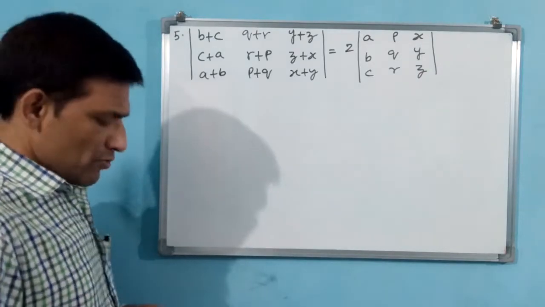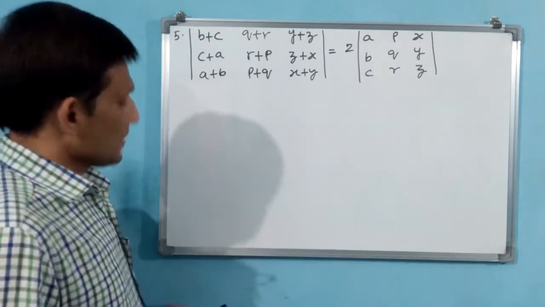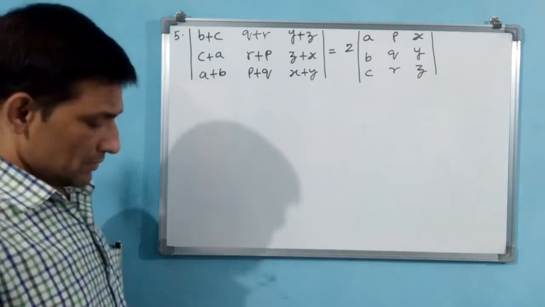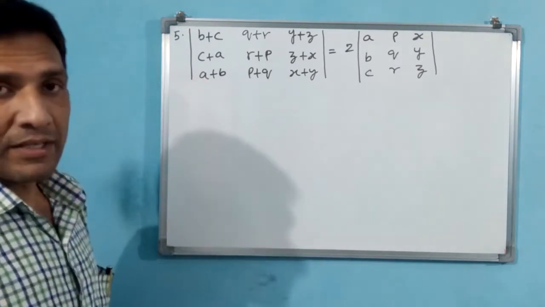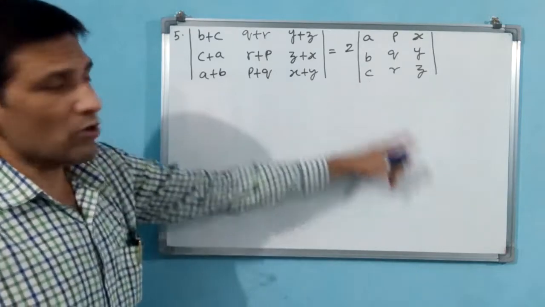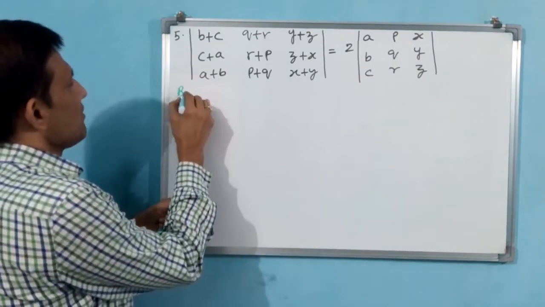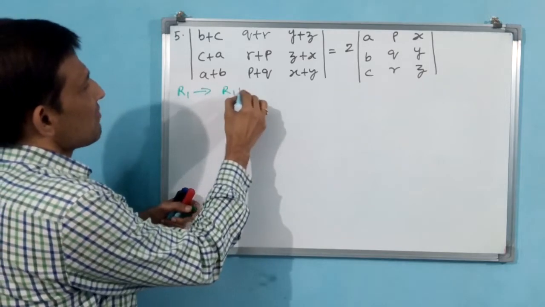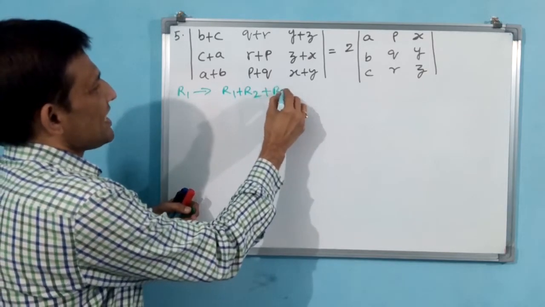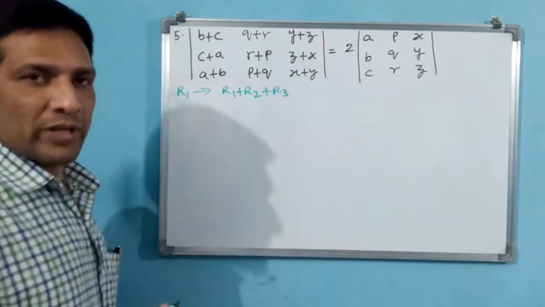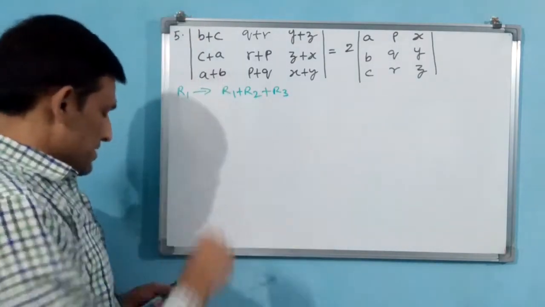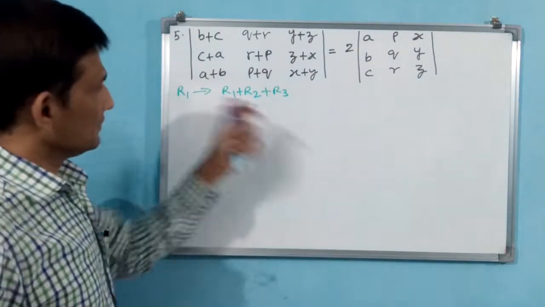Let us do it, you see how I am doing. LHS only I am taking. RHS you have to prove. R1 I am changing: R1 plus R2 plus R3 I am writing. Now you write it all.